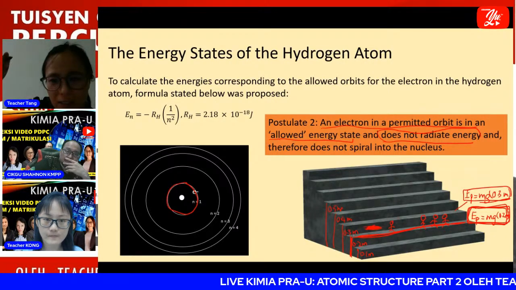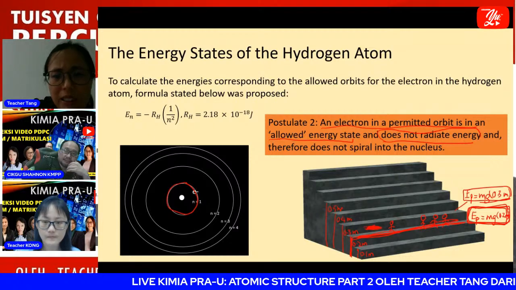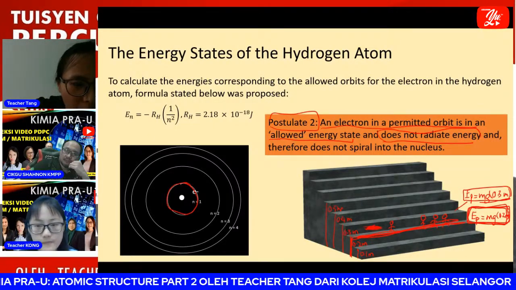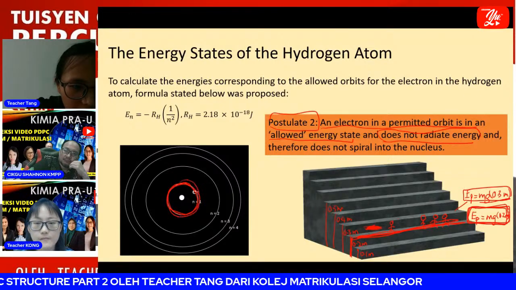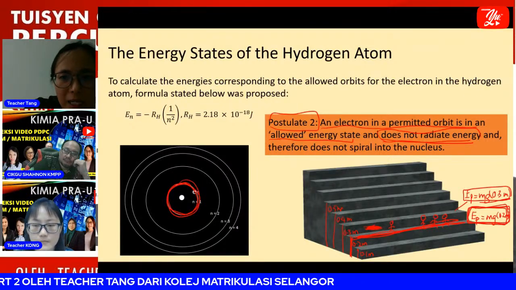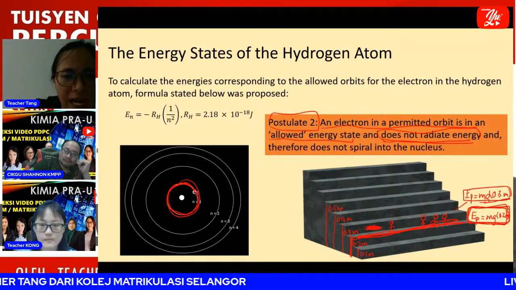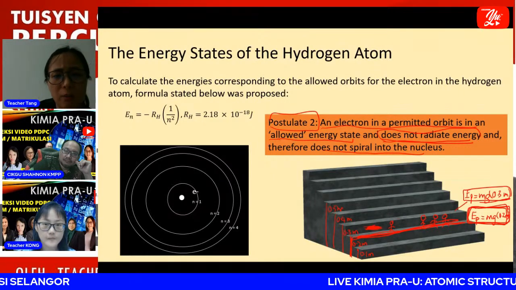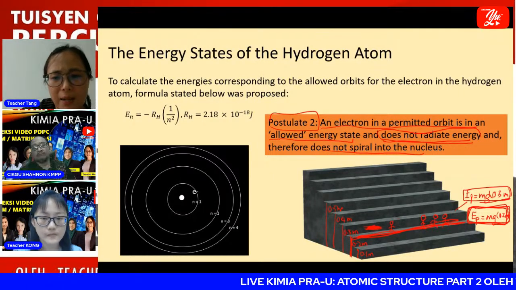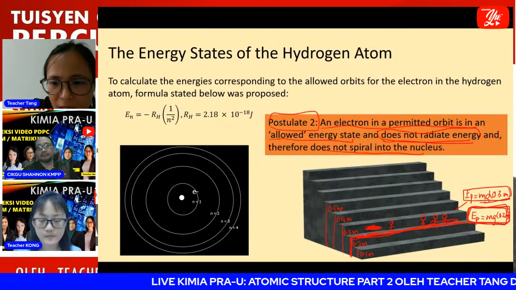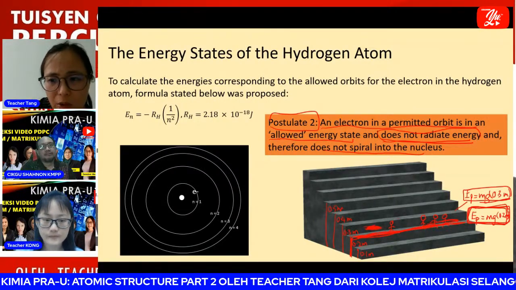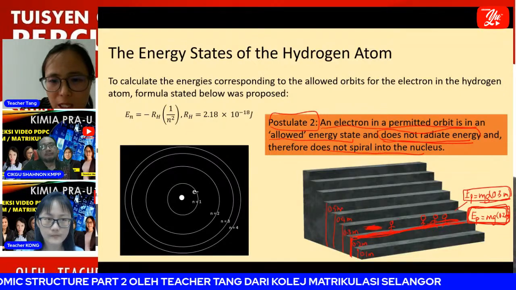Just like the electron moving in a permitted orbit, it will not radiate energy, so it will not spiral into the nucleus. Just like me, if I'm moving at the second level, I will not lose any gravitational potential energy, and therefore I will not fall to the ground.